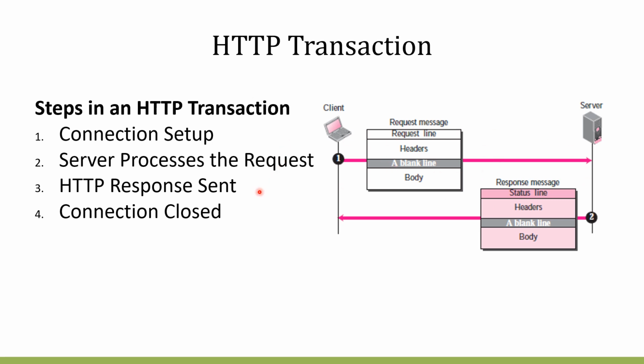The server processes the request and prepares the corresponding response. The server sends the response, which the client receives and displays. After the transaction, the connection is typically closed unless the server keeps it open for further communication.